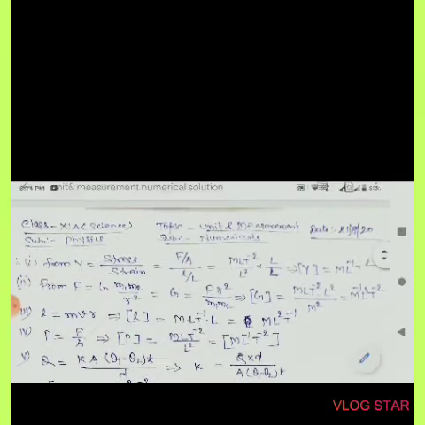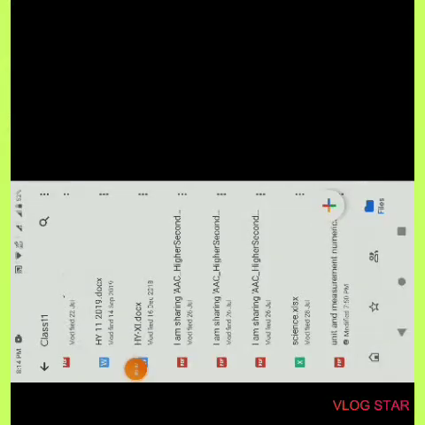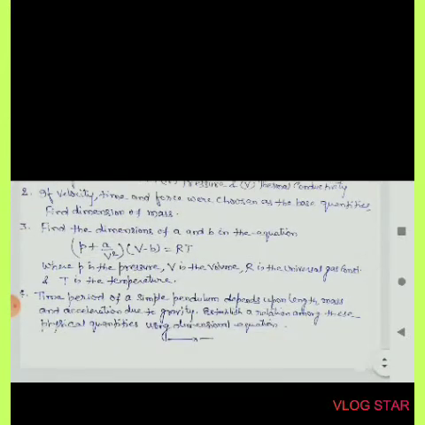Now next question, question number 4. The time period of a simple pendulum depends upon the length, mass, and acceleration due to gravity.